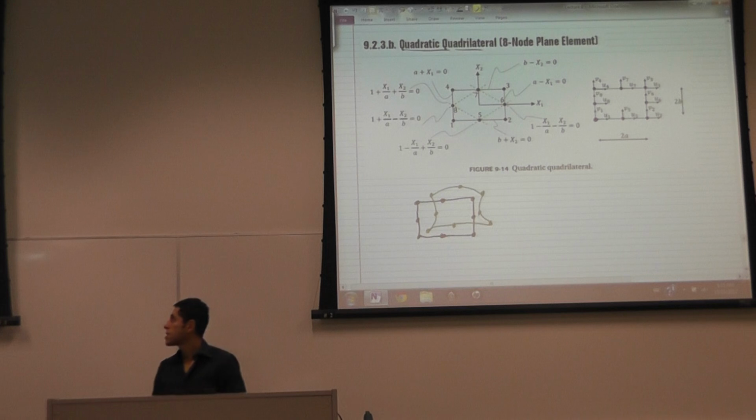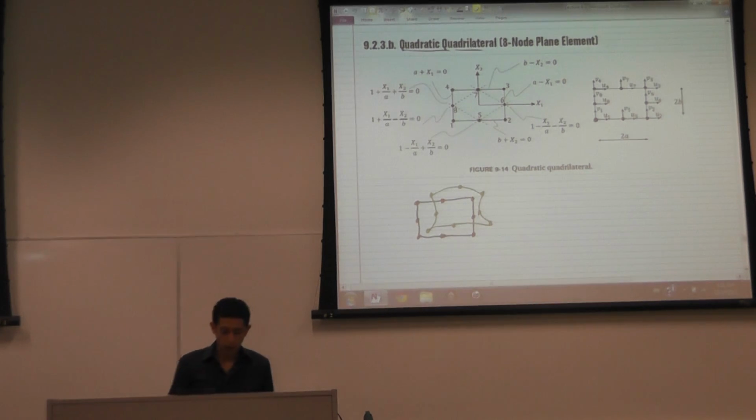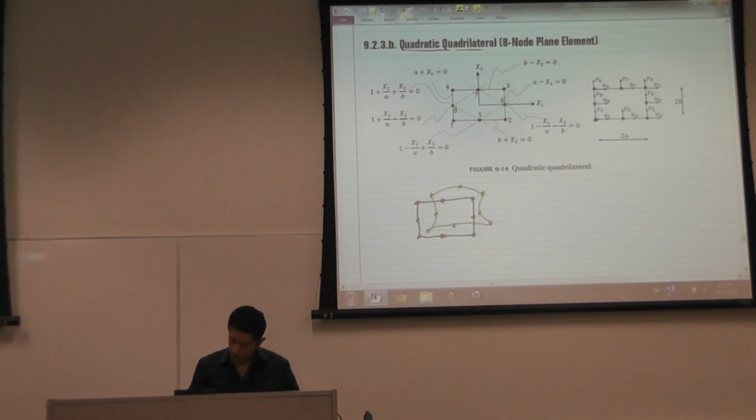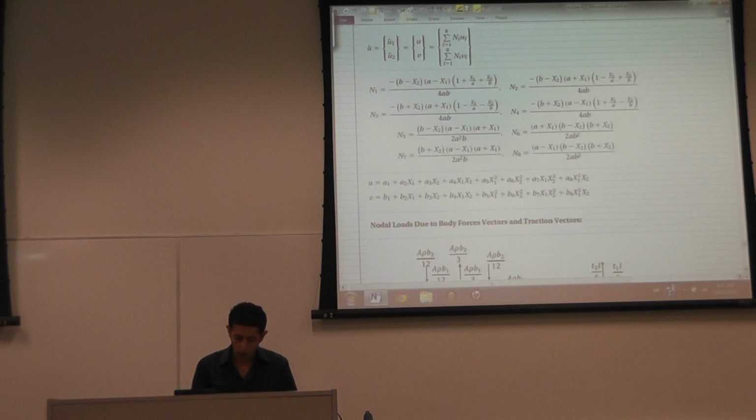So obviously you can have curved sides, so the bending of the beam can be modeled. For this element, the displacements U and V are given according to the following equations.